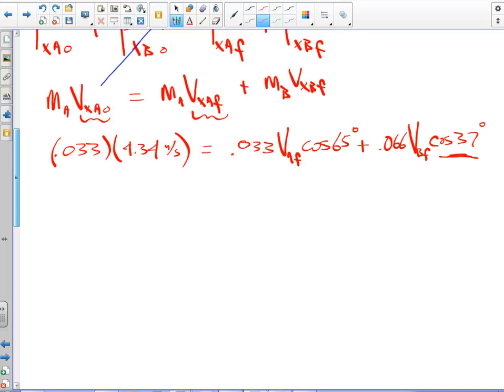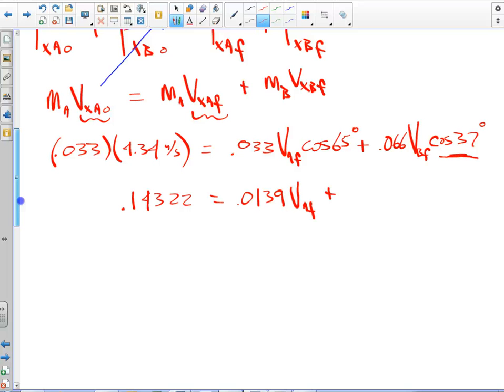So we'll fill in some numbers. 0.033 times 4.34. So I have 0.14322 equals 0.033 times the cosine of a 65-degree angle. It's going to give me 0.0139 times VA final plus 0.066 times the cosine of a 37-degree angle.